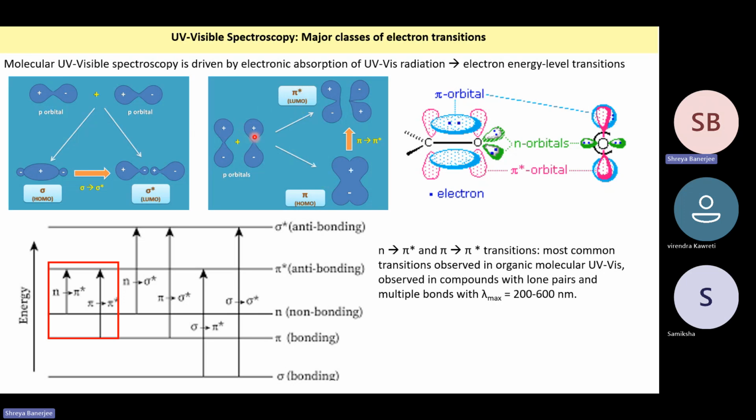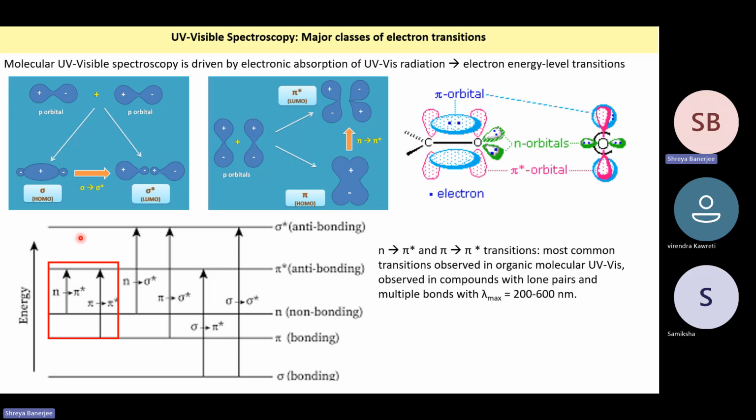If they are combining in the same phase, plus and plus, the intensity will increase, and minus and minus, the intensity will increase. That is the pi. If they are combining in opposite phase, they will be repelled from each other. That will be the pi star orbital. So any sigma bond will have both sigma and sigma star, and a pi bond will have pi and pi star.